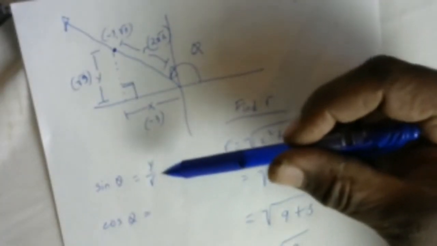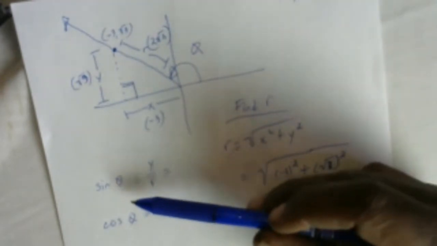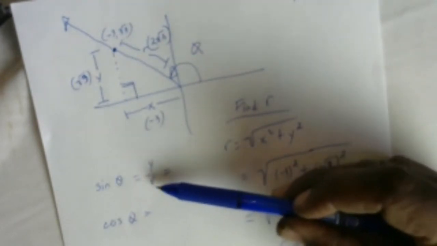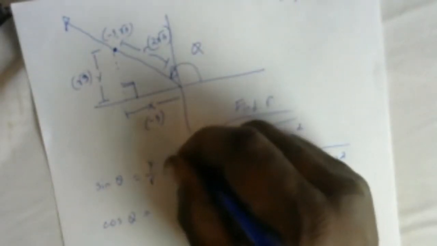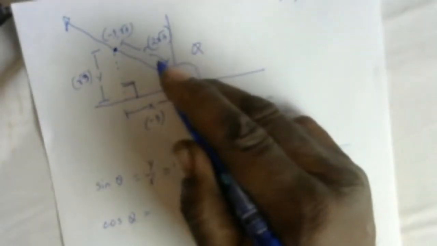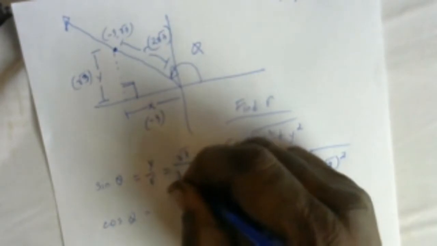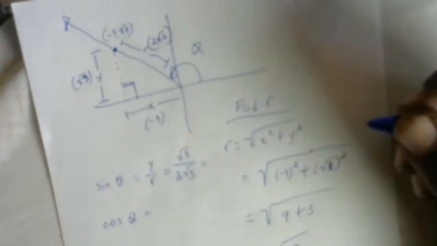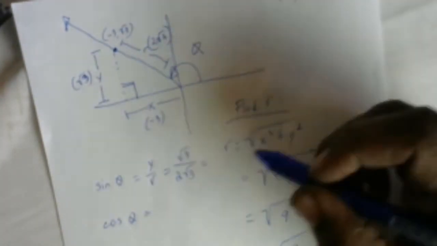So I'm going to put it all together in the 6 trig functions. The sine is y over r. So y is the square root of 3, r is 2 square root of 3. Now I'm going to simplify.